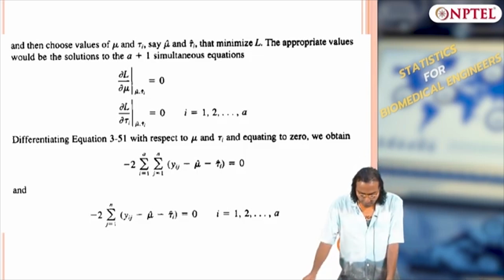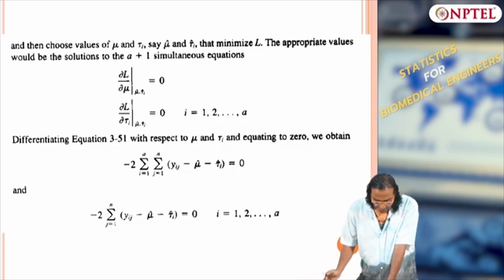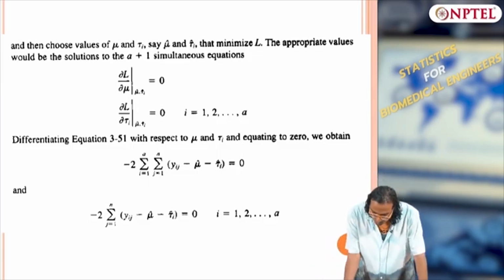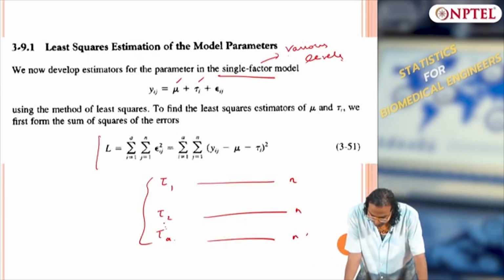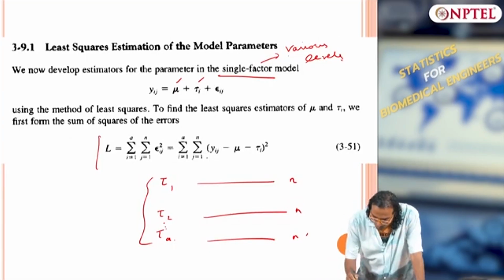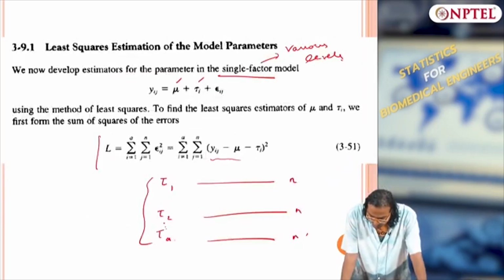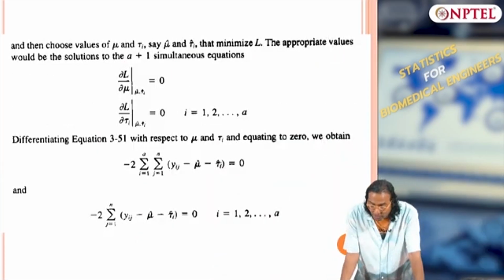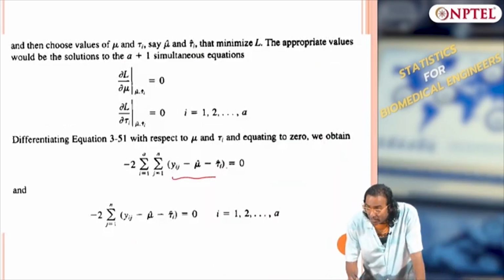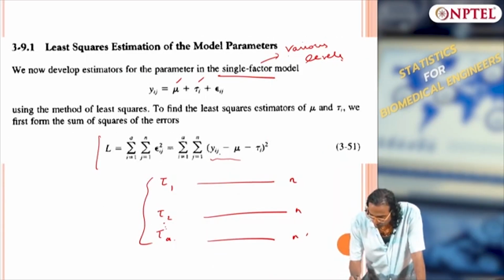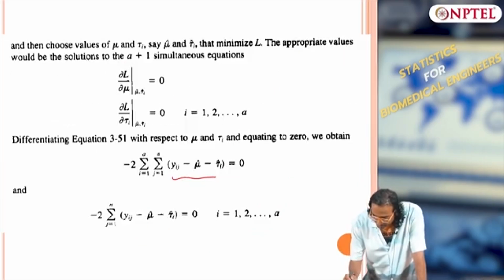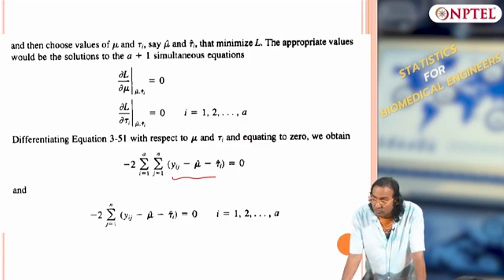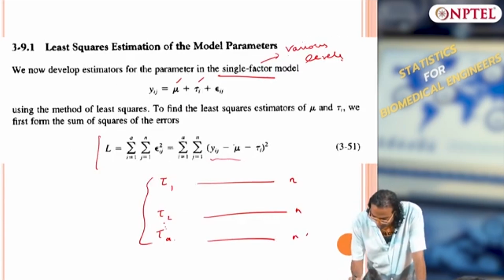For the first one, if I differentiate with respect to mu, what do I get? I have minus 2 times Yij minus mu hat minus tau i hat. So, do you all understand how I get this? I am just differentiating, with 2 times Yij minus mu hat minus tau i hat because I am estimating them, right, equals 0. And how did I get the minus sign?